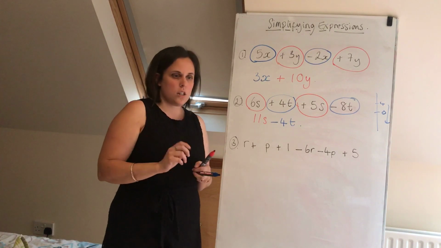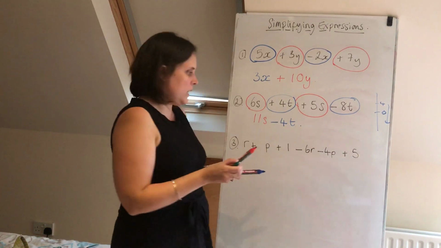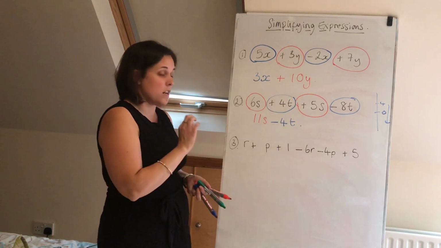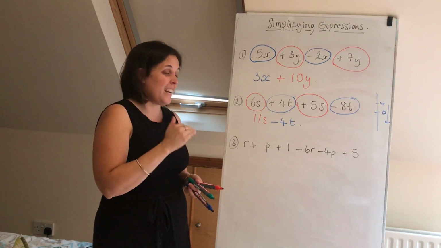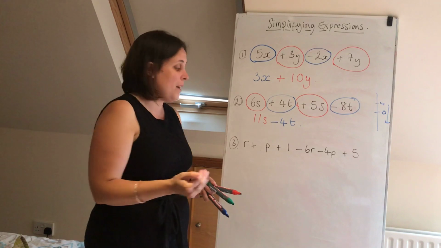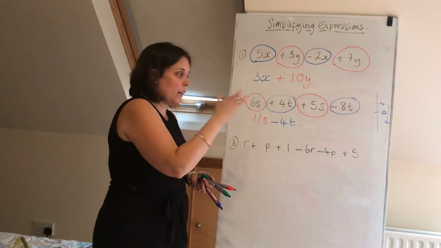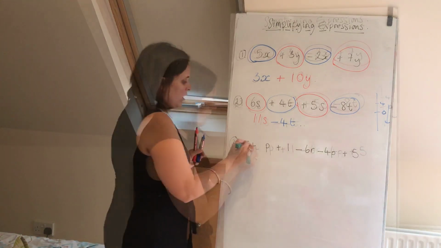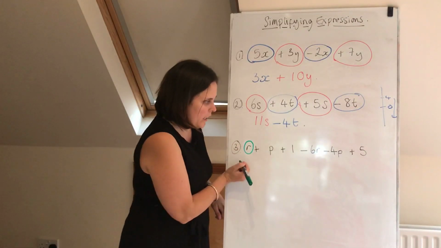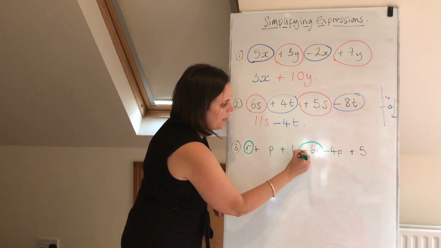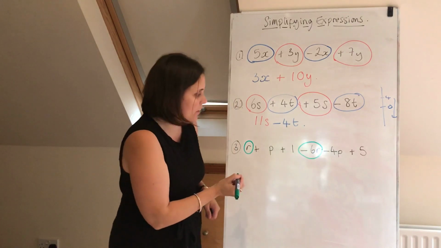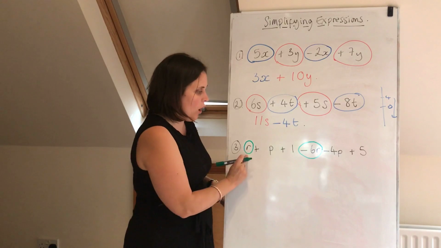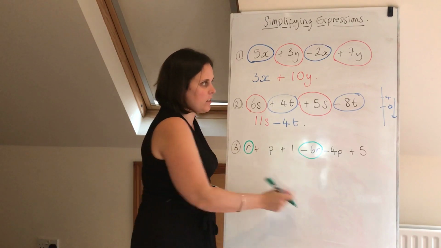Right, last one, and just for a bit of fun with this one, I've decided to include 3 different things. And if you notice, I've also got here a number as well, because that is counted as a separate term, and you collect it in exactly the same way. So let's start with r. We've got 1r here, and then we've got minus 6r there. So all together, and again think about your number line, you've got r, take away 6r.